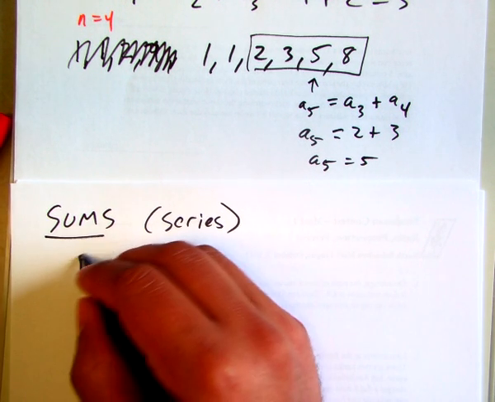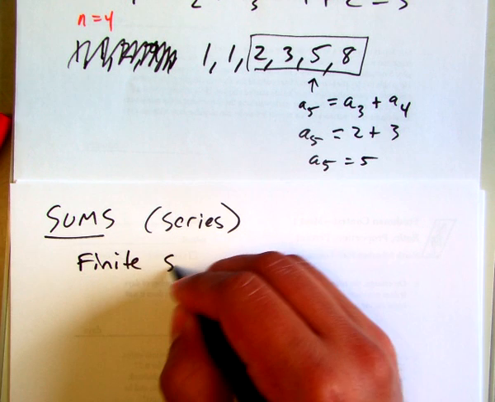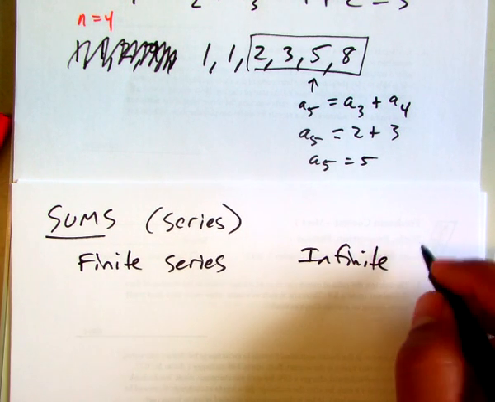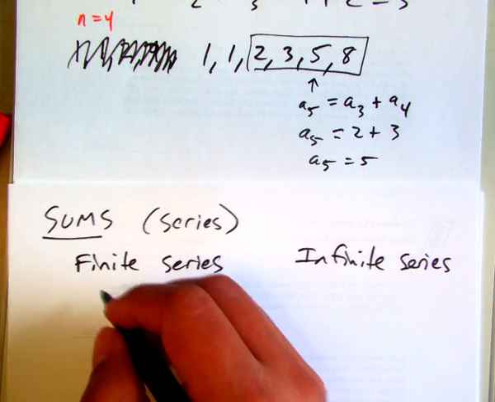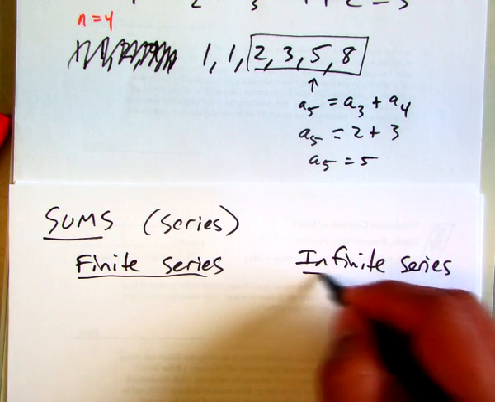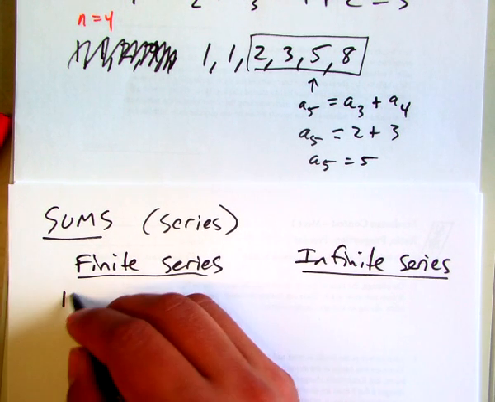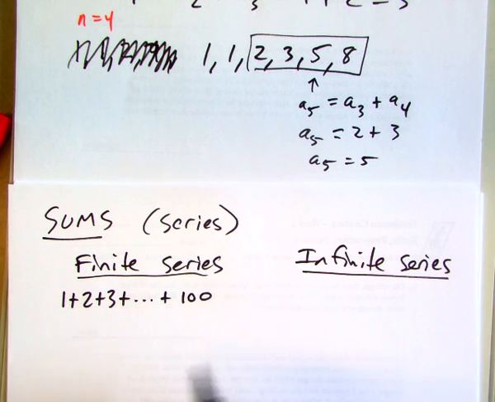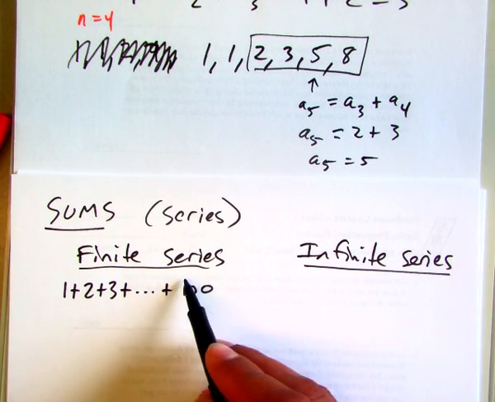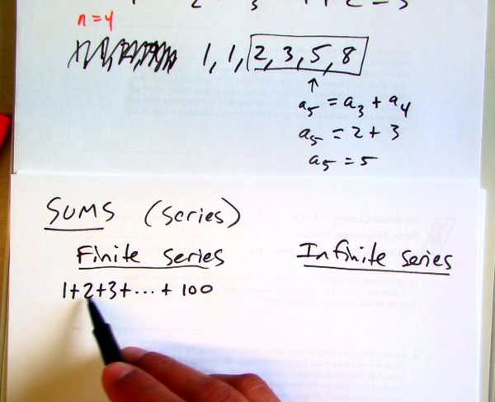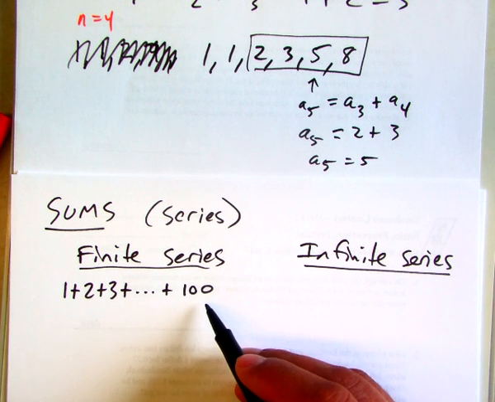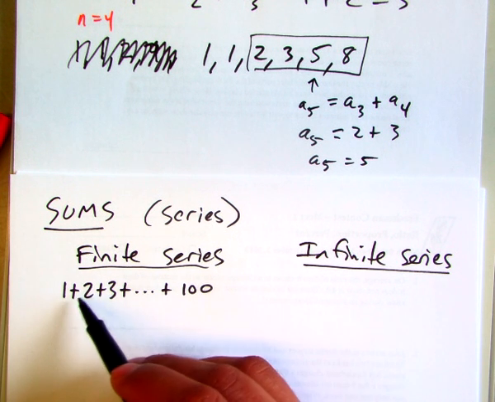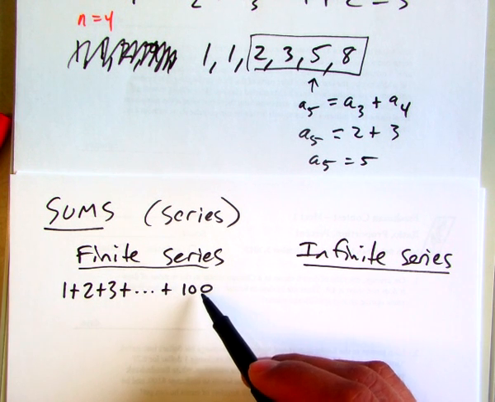There's a finite series, and there's an infinite series. Finite might look something like this. It's clear that there's a pattern here in the sequence of numbers. Every number is just going up by 1. And it's clear that we're stopping at 100. That's what finite means. Finite means that we're stopping at some point and we're going to add everything up.